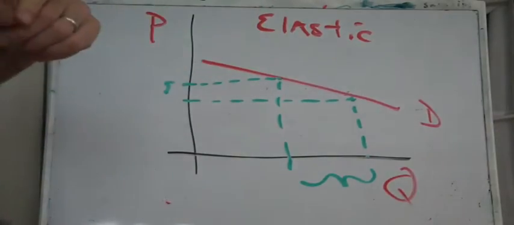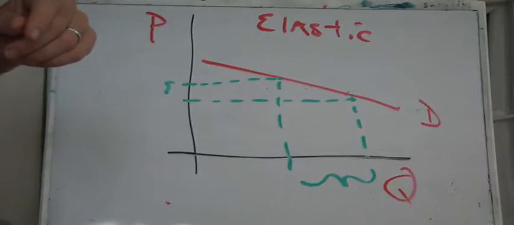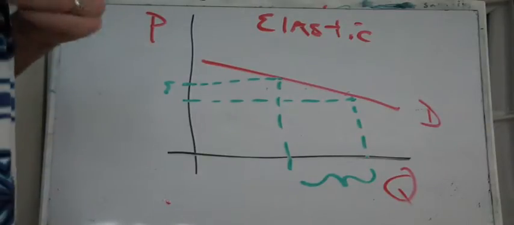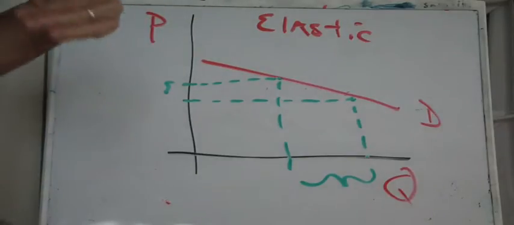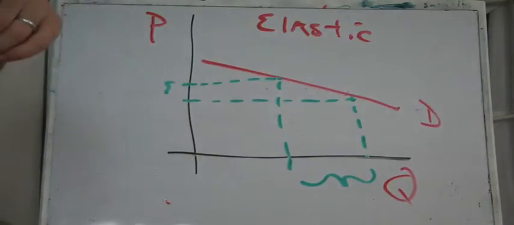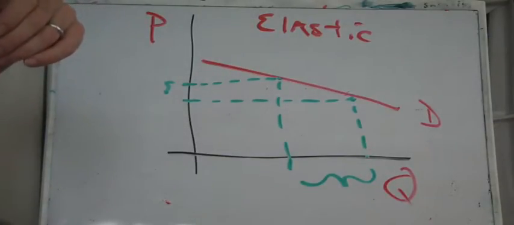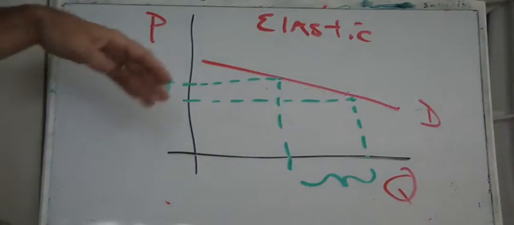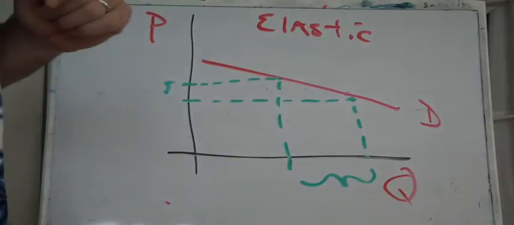So availability of substitutes is important, and also the percentage of your income that you spend on that product is important. If it's something that you spend half your money on, then a small price change might relate to a large change in quantity. A good example of this is food. If you go to the United States, you raise or lower the price of food, people will buy a little bit less or a little bit more.